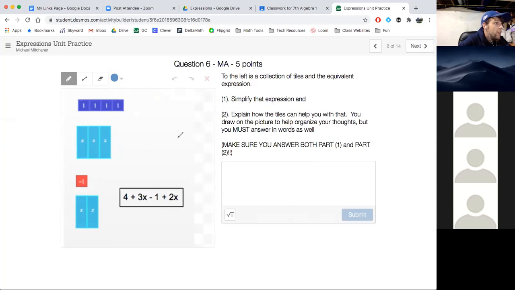So on this particular slide, this one I can draw on here, and I will actually be able to see what you draw. So you can get some credit here by just simply showing how you can put some things together. So I am going to do that. I'm going to say this goes with these terms.